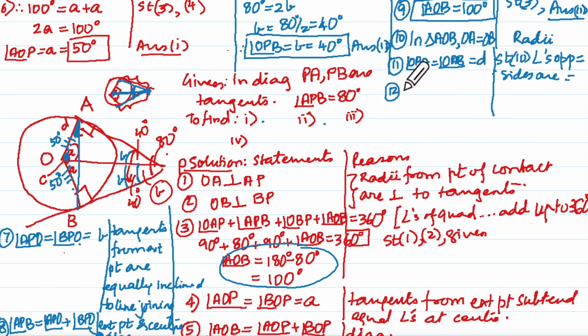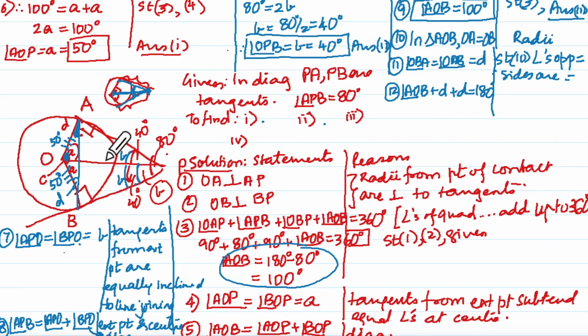Now in this triangle, what you will say? If you write D plus D, and in the diagram also you show D and D, then you can say angle AOB plus 2D equal to 180 degrees.